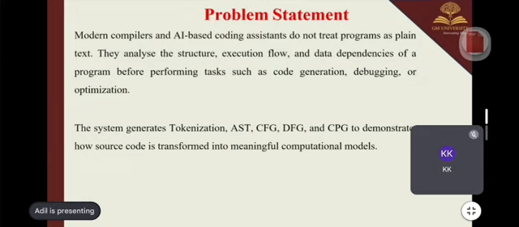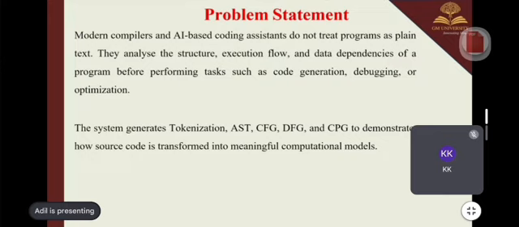However, these internal processes are usually hidden from users, making it difficult for students to understand how source code is interpreted and analyzed.